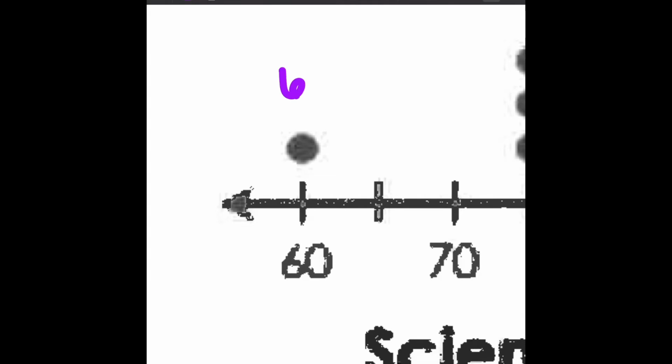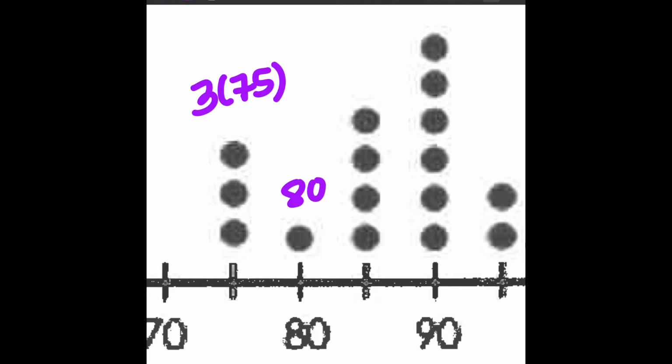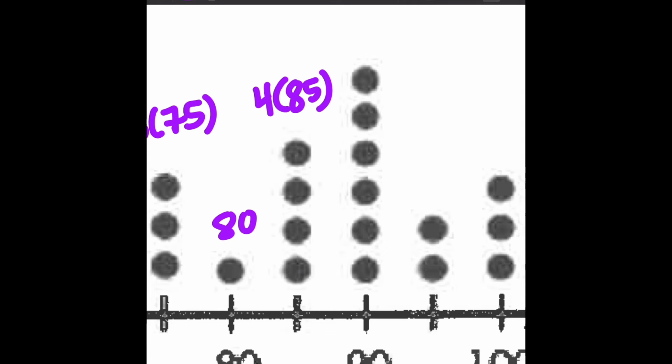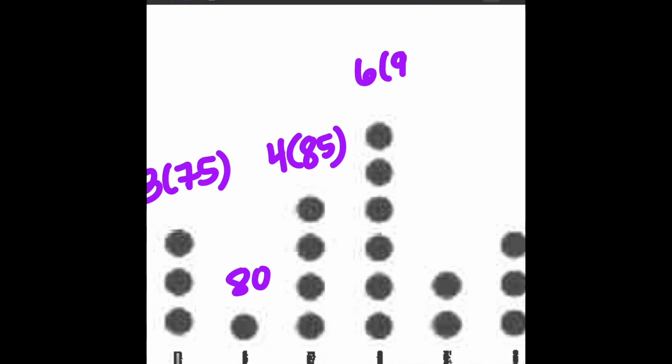Okay, so I know that this right here is 60. Here I've got 75 times 3, so 3 times 75. Here I've got 80. Here I've got 4 times 85. Here I have 1, 2, 3, 4, 5, 6 times 90.